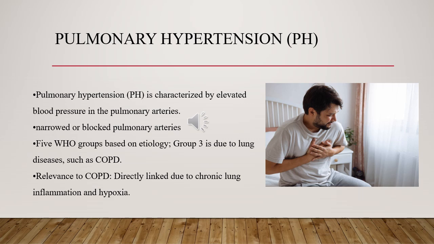PH is classified into five groups based on its cause, with group 3 directly related to lung disease like COPD, through chronic inflammation, hypoxemia, meaning low oxygen level, and structural lung changes, inducing vascular changes contributing to pulmonary hypertension. The morbidity and mortality associated with PH in COPD are substantial due to the added cardiovascular burden, making effective diagnosis and management critical.